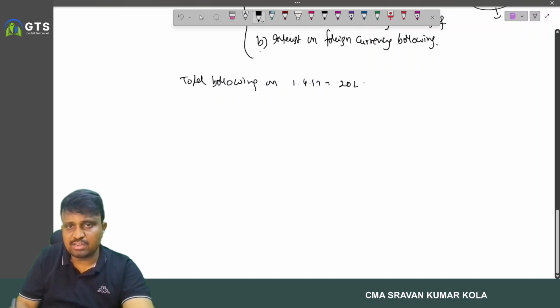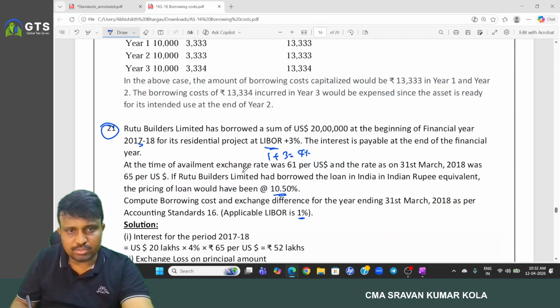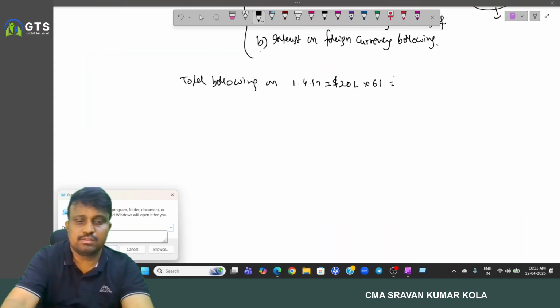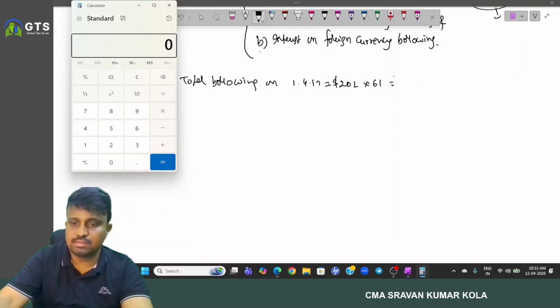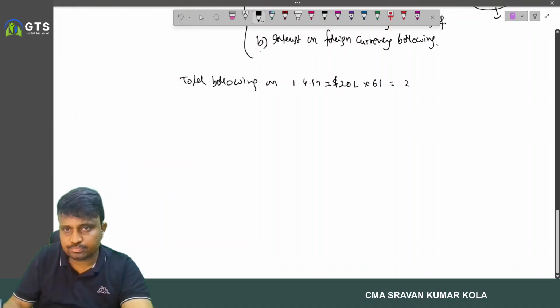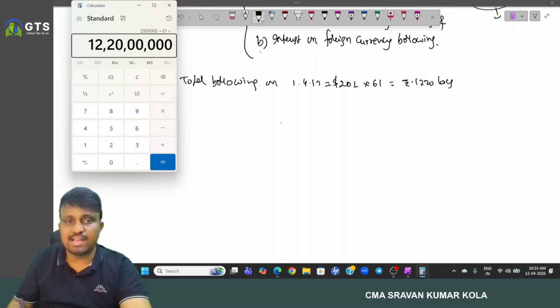So 20 lakh dollar into what is the rate? 61 rupees. So that is 1220 lakhs.